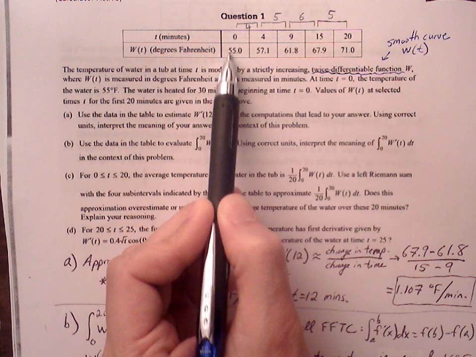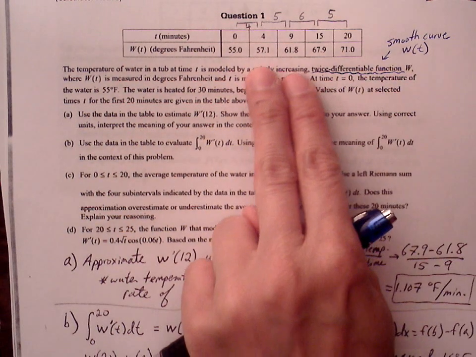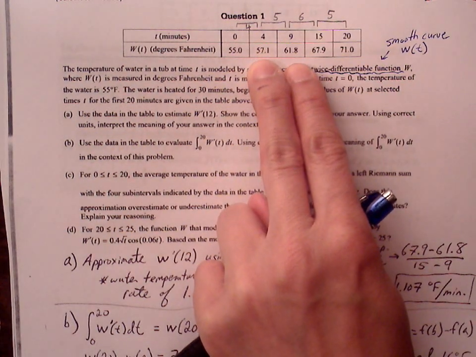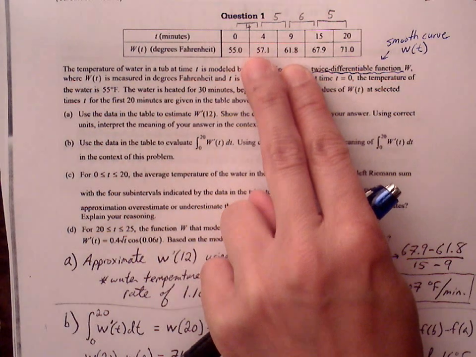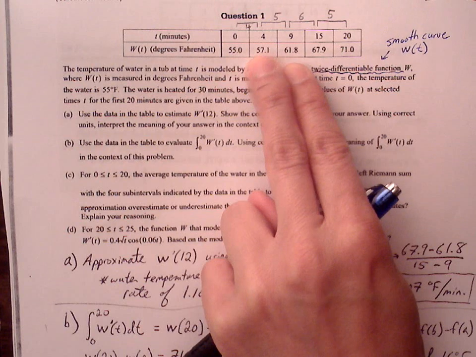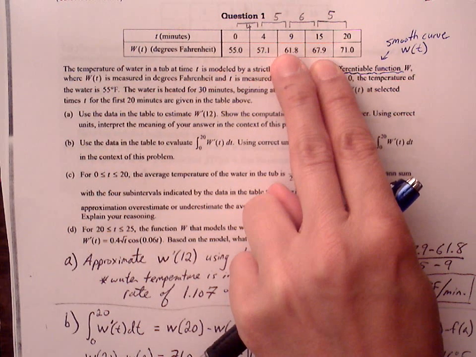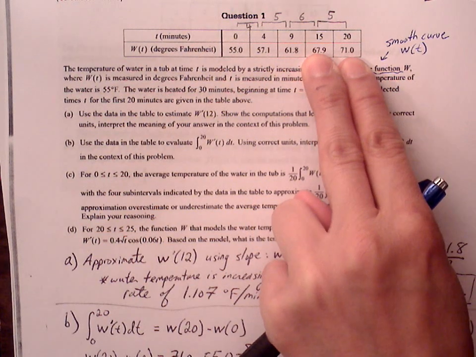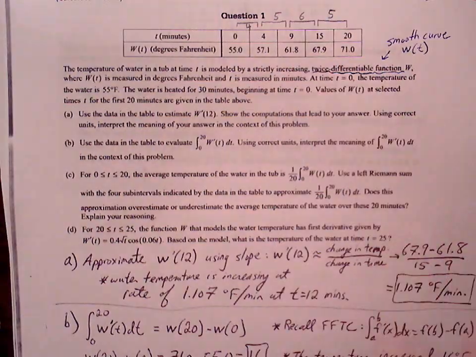Our height is going to be 55 because that's the left endpoint. And then for the second interval, the width is going to be 5 because 9 minus 4, and we want to choose the left height, which is 57.1. Third interval, width of 6, height of 61.8. And then the last interval has a width of 5 and a height of 67.9.